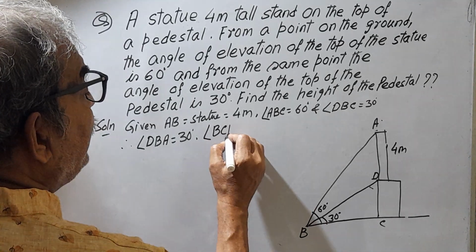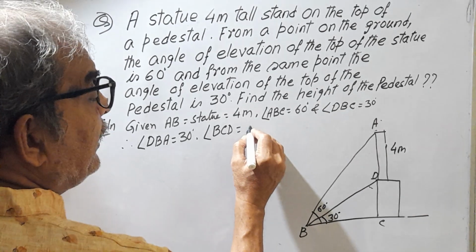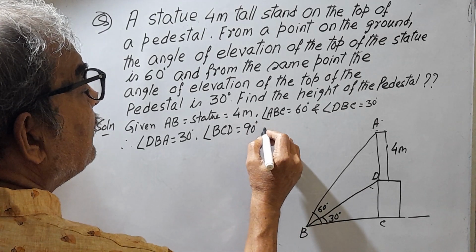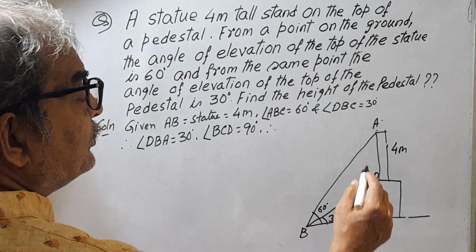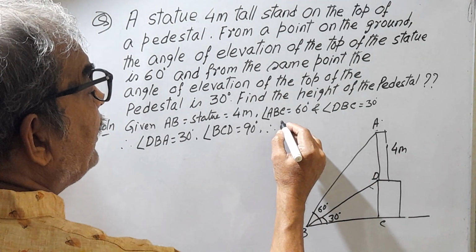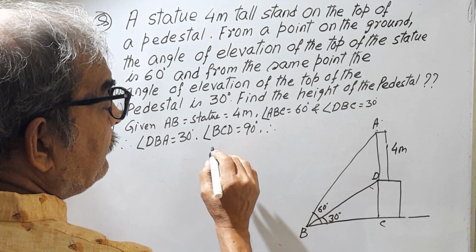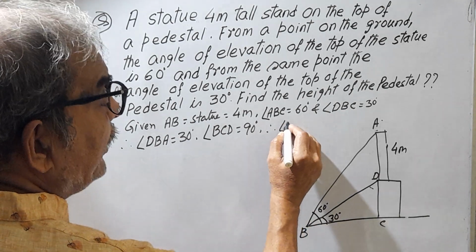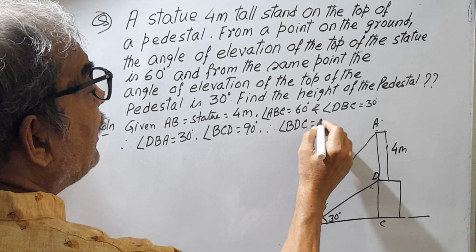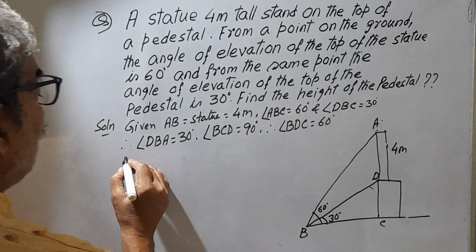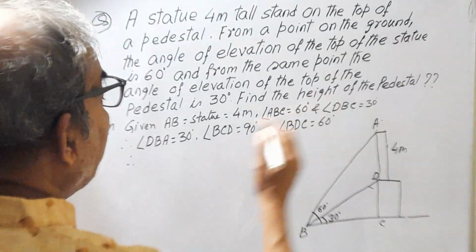Angle BCD equal to 90 degrees. Therefore angle BDC equal to 60 degrees.